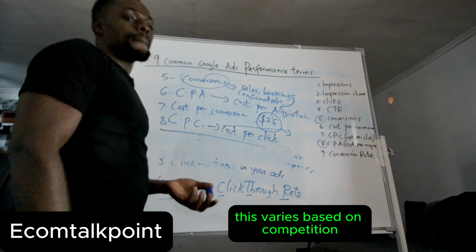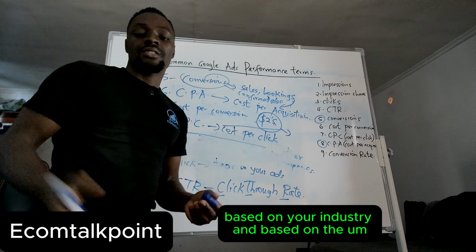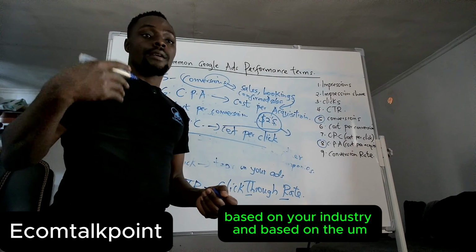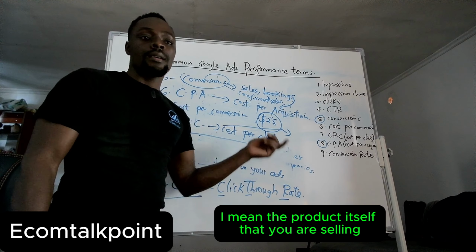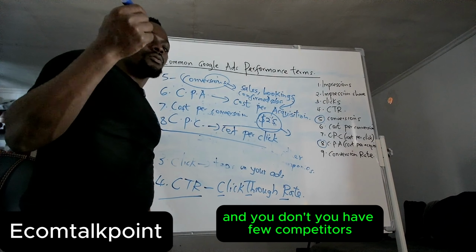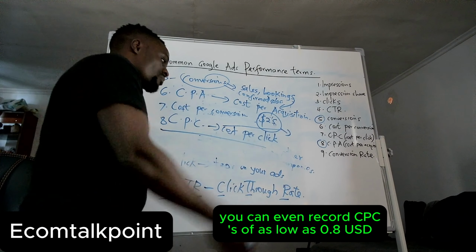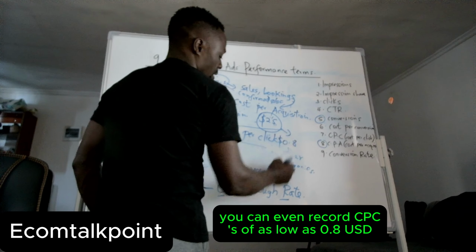This varies based on competition of the keyword that you are running, based on your industry, and based on the product itself that you are selling. If you are selling an item like a pen and you have few competitors, you can even record CPCs as low as 0.8 USD.